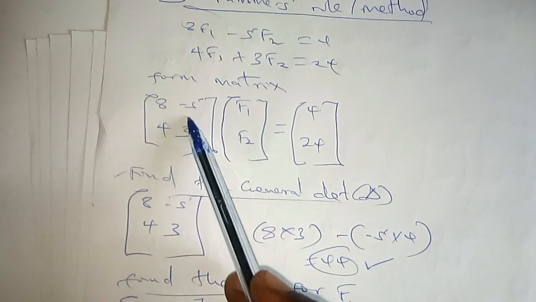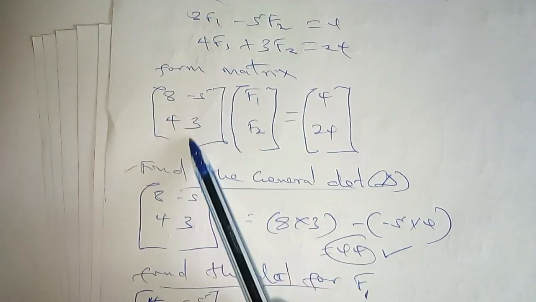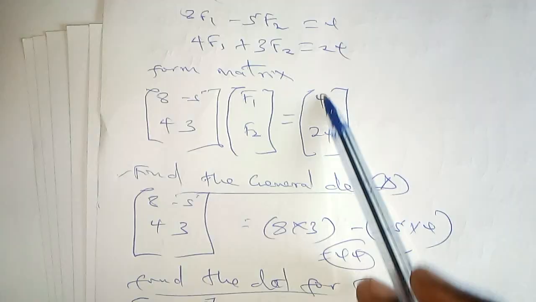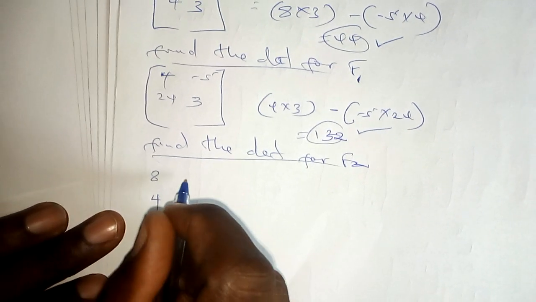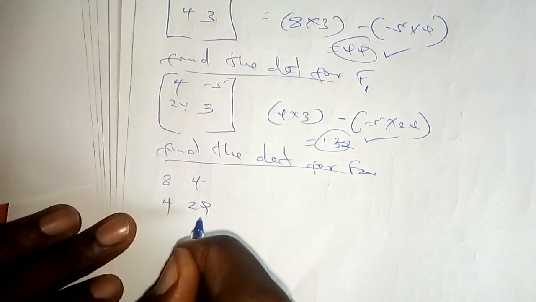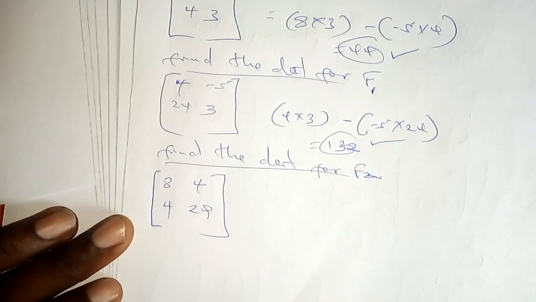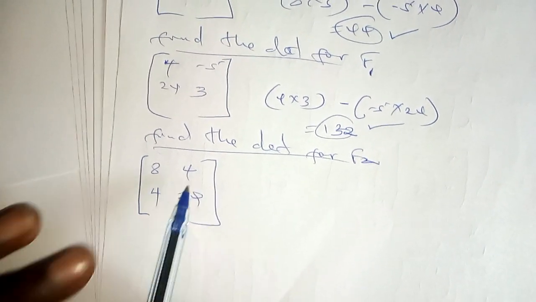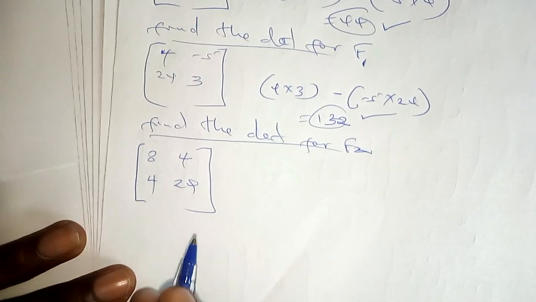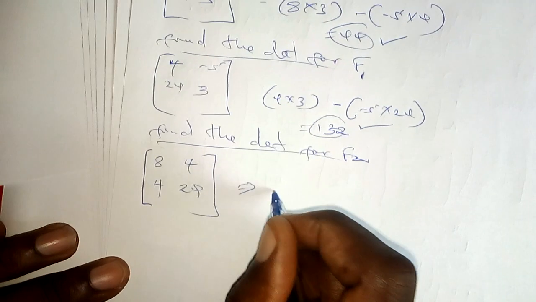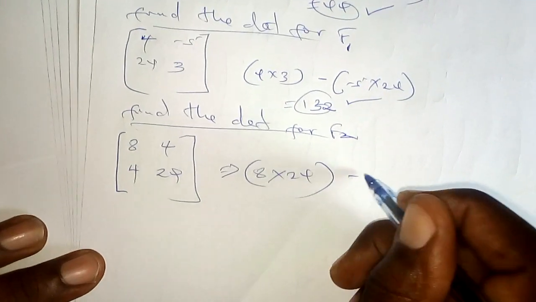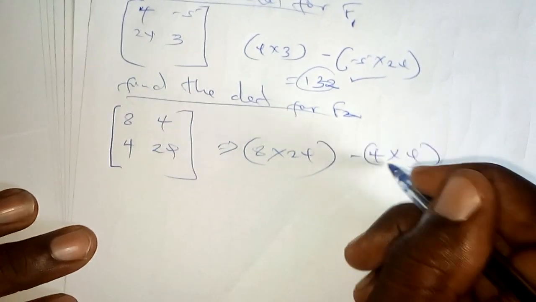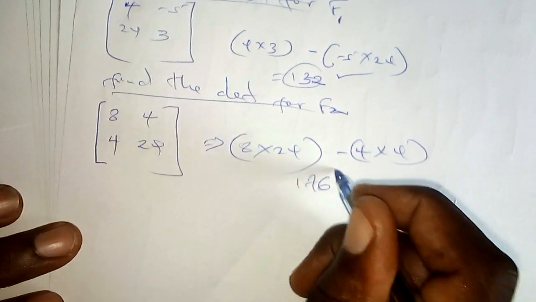We do away with this column and substitute this one. Now it will be 8, 4, 4, 24. To find the determinant: 8 by 24 minus 4 by 4, it is 176.